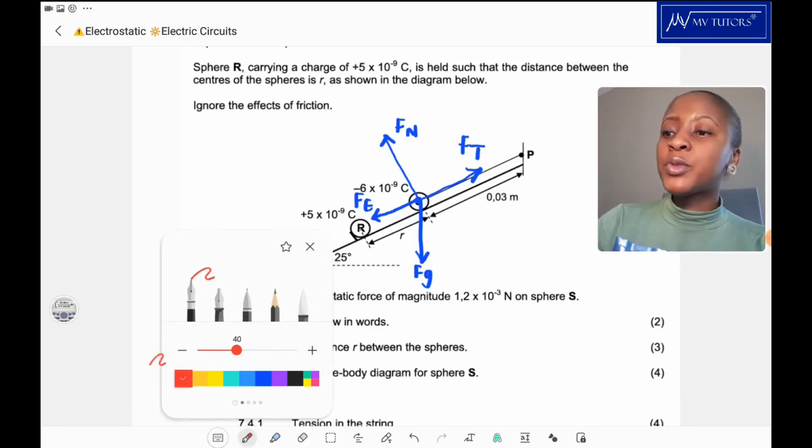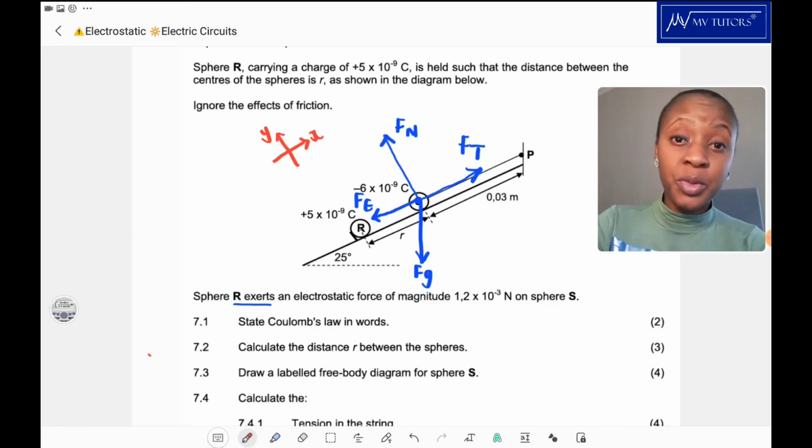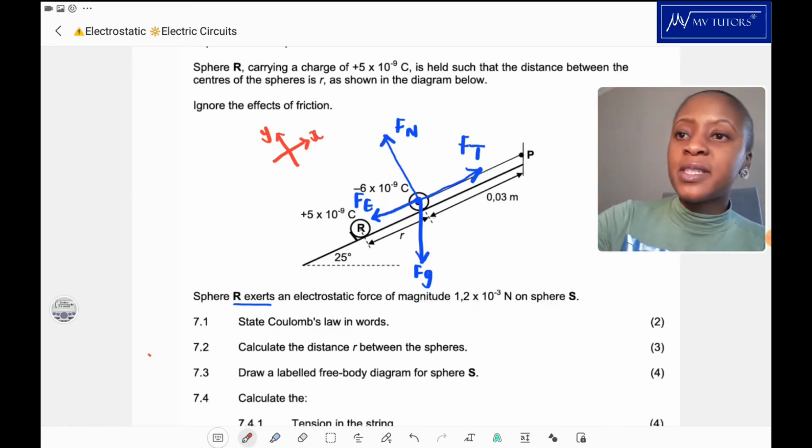And then I'm going to resolve the gravitational force, because it is not in line with this new y-x axis. We need it to be that way, so we need to resolve the force of gravity. So we're going to have that component there. Remember, that's our angle, I'm just going to say theta, but we know it's actually 25.